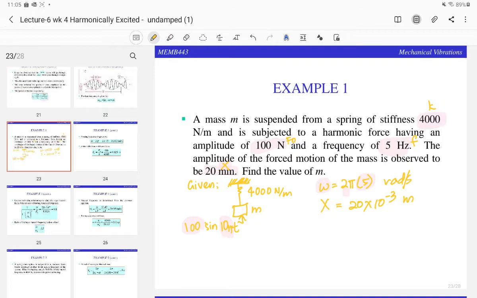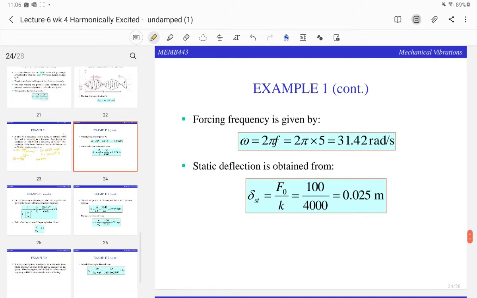What you want to find is m. So in this example, we have to find m given the other parameters. You have F naught, you have k, you have omega, you have X. So you can find m. Easy peasy.